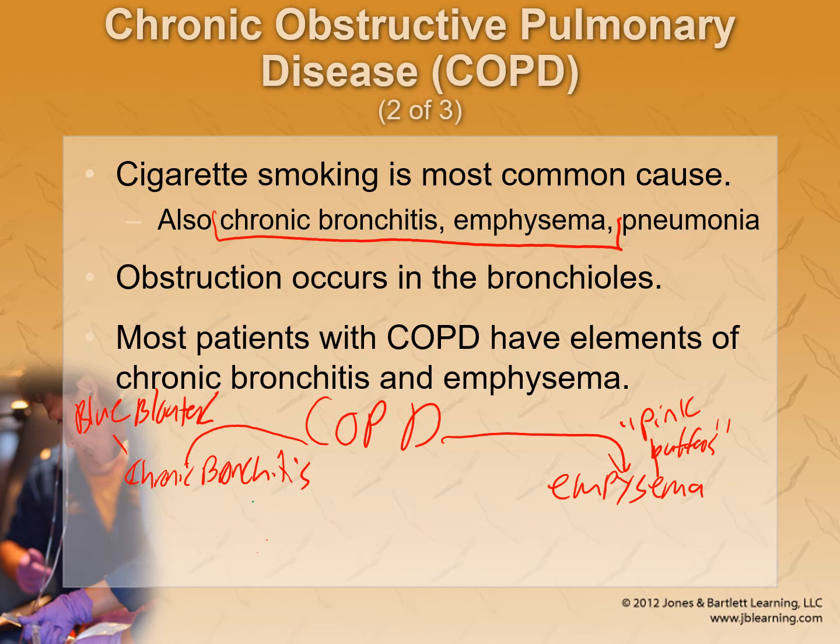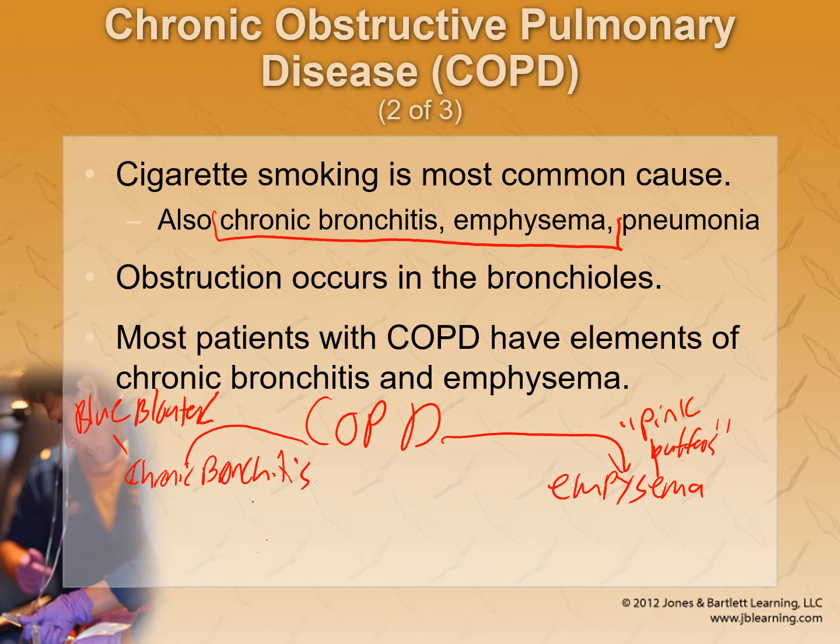So due to that obstruction, these patients have more trouble getting air in than your emphysemic patients that we're going to talk about in just a second. So they're a little bit more prone to cyanosis due to hypoxia. So your chronic bronchitis patients will end up developing hypoxia as part of this due to inspiratory blockage of those passages, hence the blue part of blue bloater.